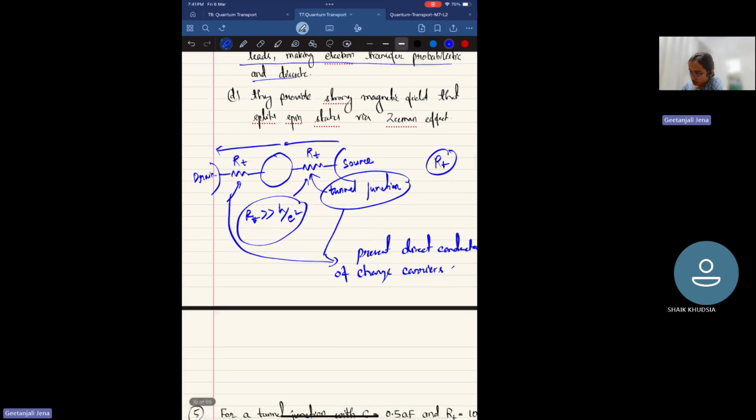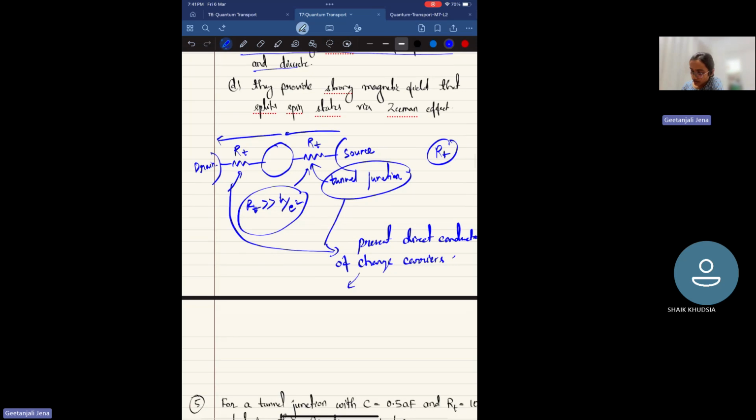If they prevent it, that means the number of charges present on this quantum dot region remains quantized, because there is no continuous flow of charge, since there is a tunnel barrier present here.